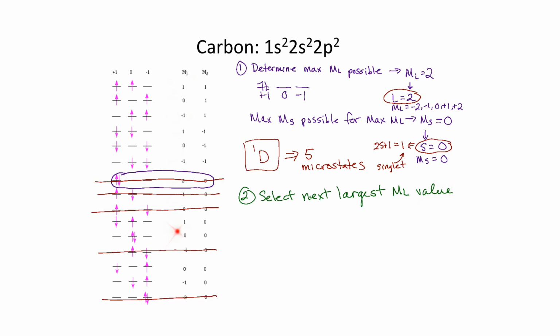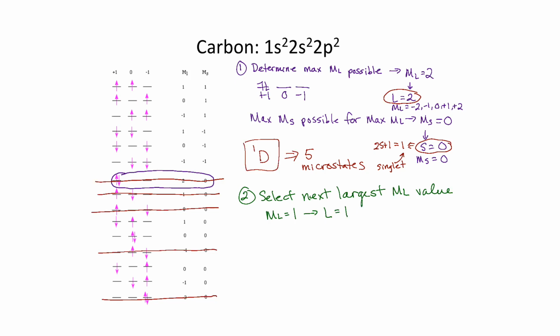So looking at our possible values over here, we see that our next largest m sub L value is going to be m sub L equals 1. Okay, so if we have a maximum m sub L value of 1 now, that is going to lead us to the conclusion that our value of L must be 1.